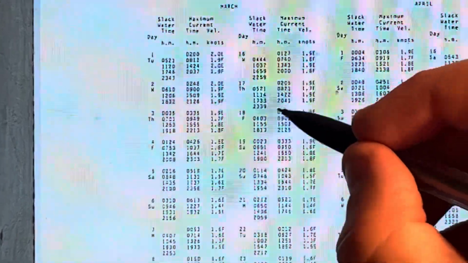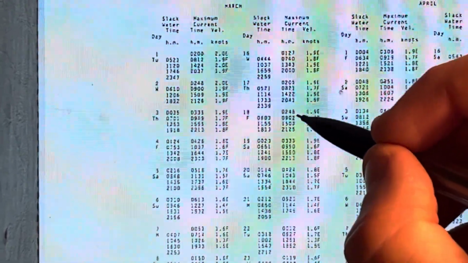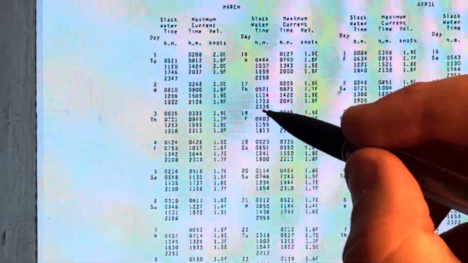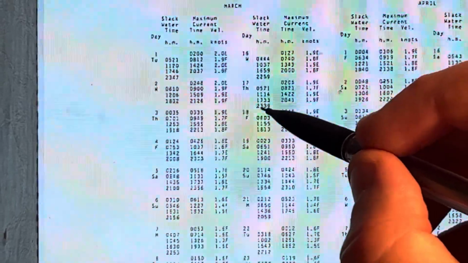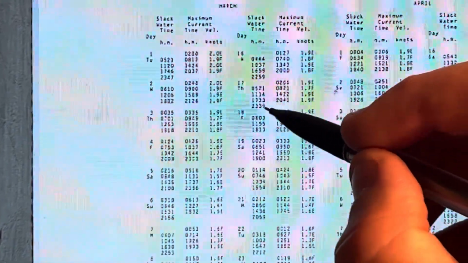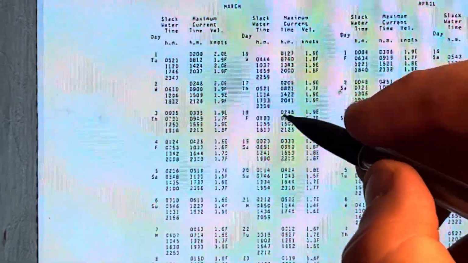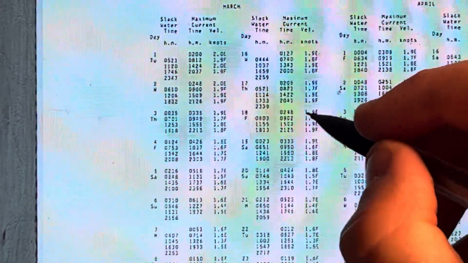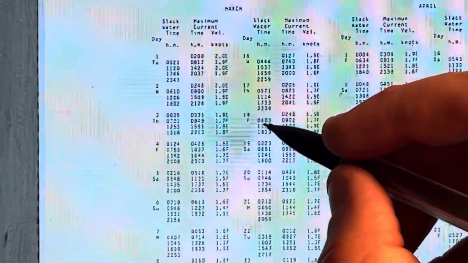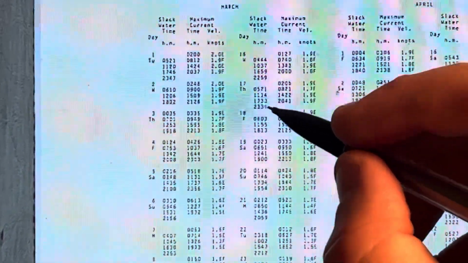So you can see the offset here is because the minimum that occurred before this one right here happened the day before. So we've got at 23:39, it was a slack water on the 17th. Then at 2:48, it was an ebb current of a speed of 1.9. And then at 0403, I think that's a 4. Yeah, 0403, it was a slack water again.